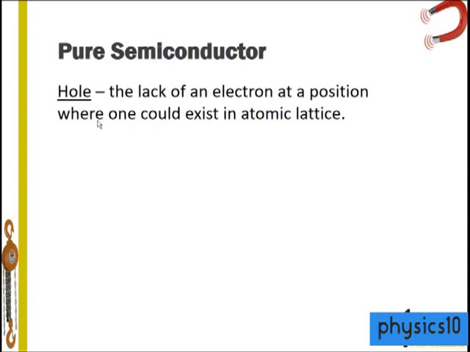Subsequently, holes are formed, and holes are the lack of an electron at a position where one would normally exist in an atomic lattice. So the heating up of a silicon or germanium structure results in electrons leaving the covalent bond, and as a result, holes are formed within the structure.